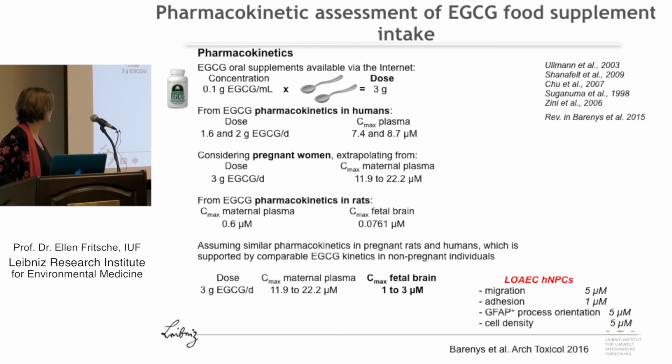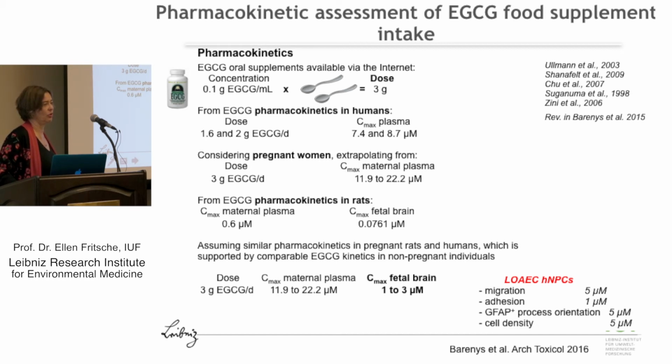Considering pregnant women, which have a different body volume and blood volume and so on, we calculated that a dose of 3 grams, which is 2 of these tablespoons, would end up in maternal plasma between 11 and 22 micromolar. And from rats, it's known that when the maternal plasma concentration is 0.6 micromolar, you have fetal brain concentrations of 0.07 micromolar.